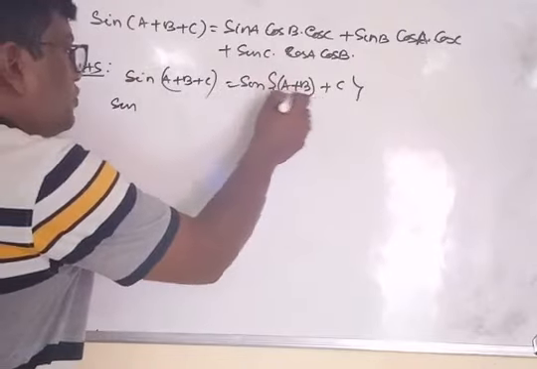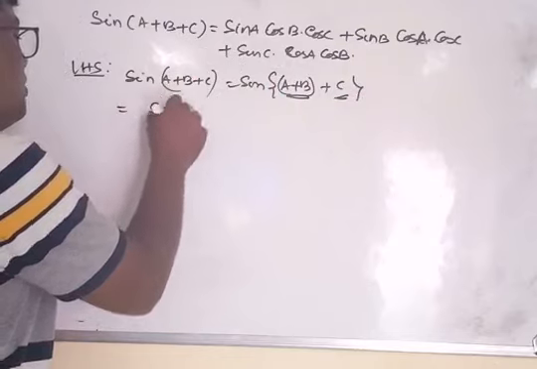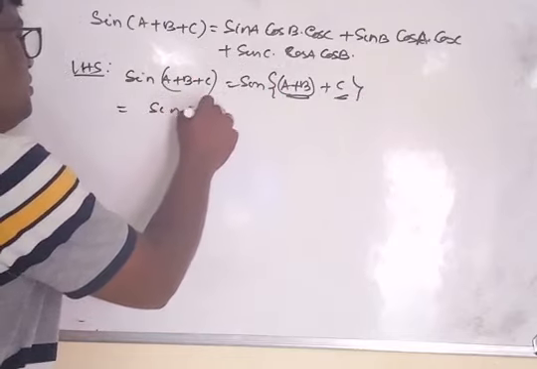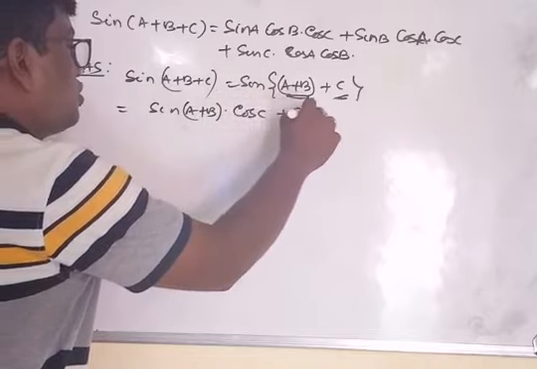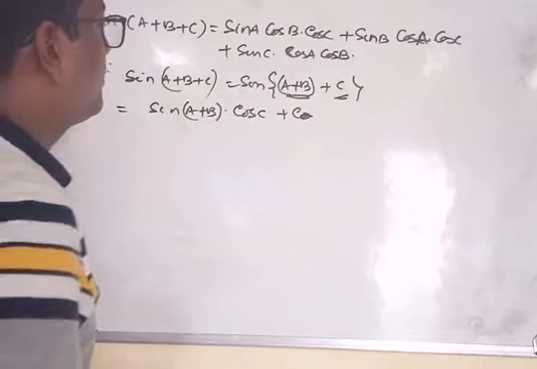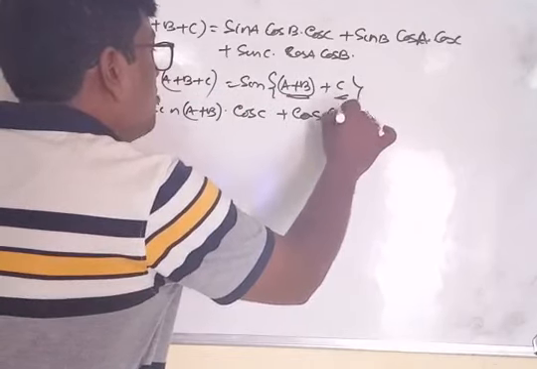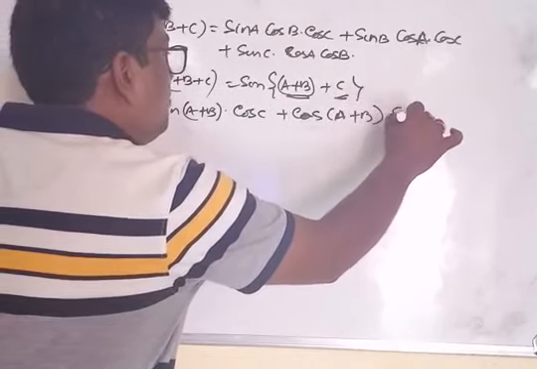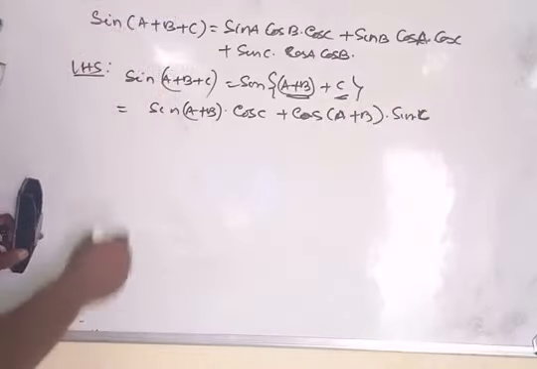Sin A into cos B plus cos A into sin B. Here sin A means sin (a plus b), into cos B means cos c, plus cos (a plus b) into sin B, B means here c.